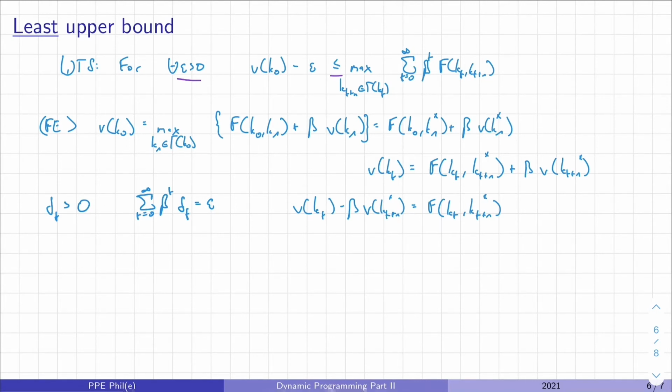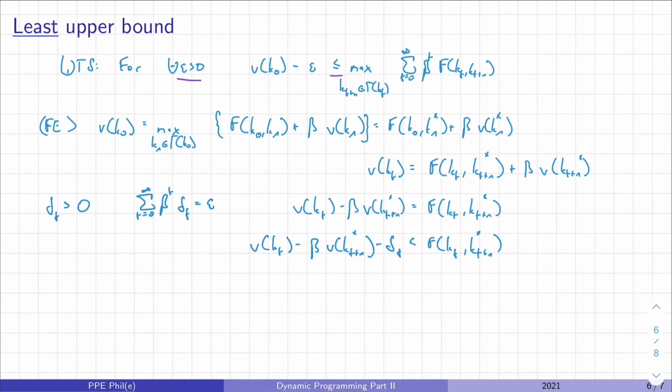Now we can say that subtracting this from our left-hand side, minus, let's not mix up the order, beta V of kt plus 1 star minus delta t is smaller, strictly even, because delta is strictly larger than 0, than the current period payoff.